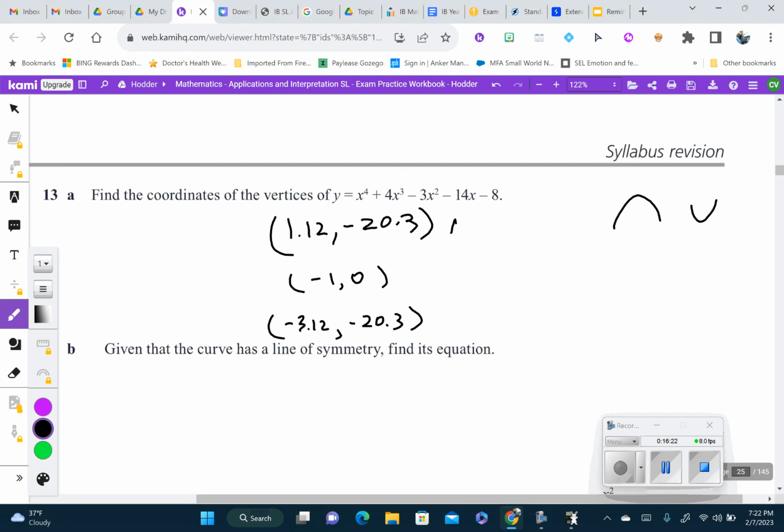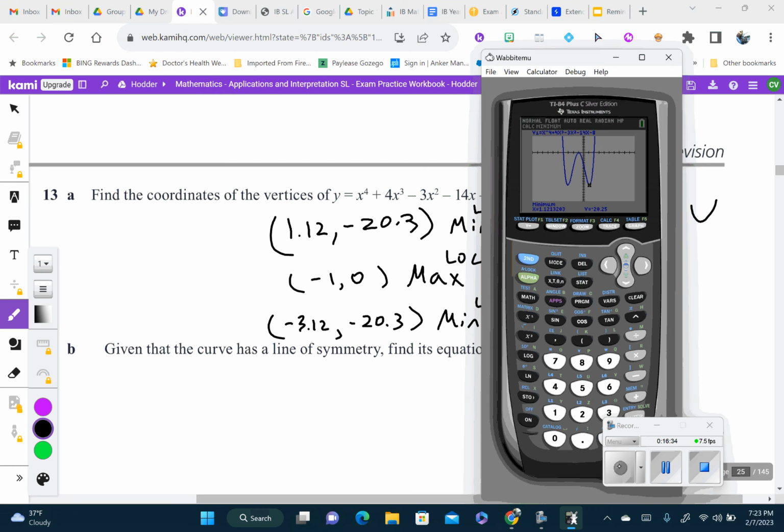So this is a min, this is a min, and this is a max, a local, local, local everything. These two happen to be local and relative, right? An absolute. And this here is a local max because there's higher points.